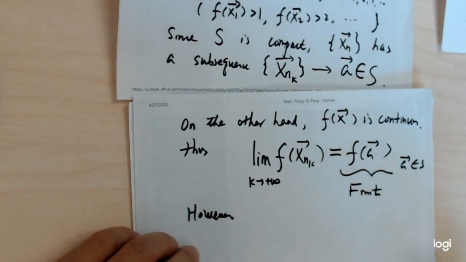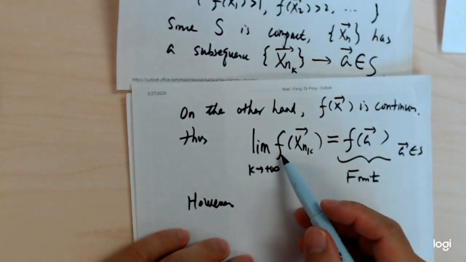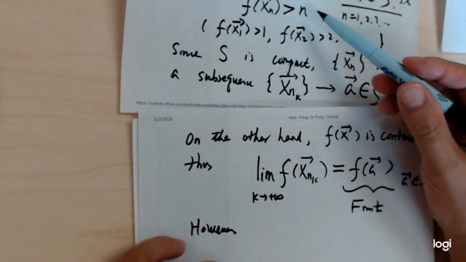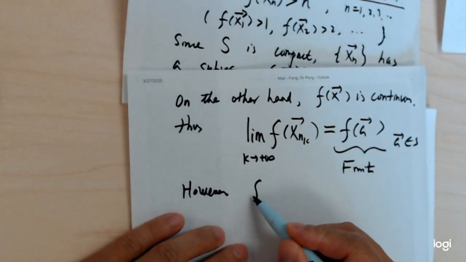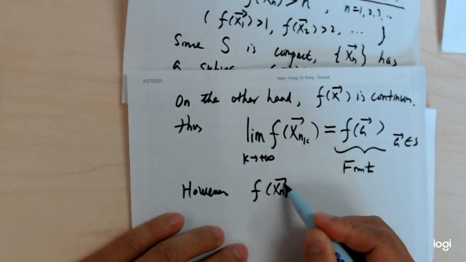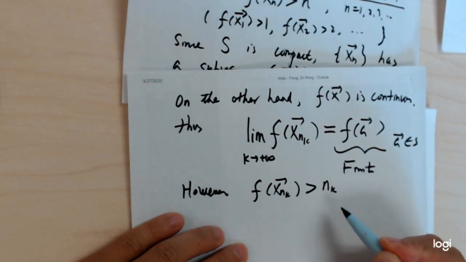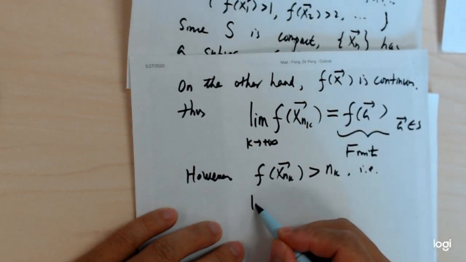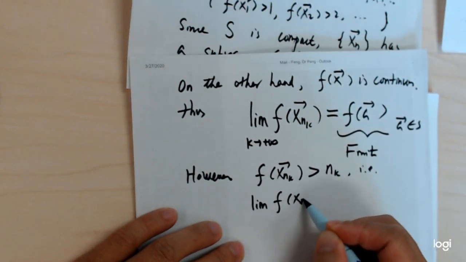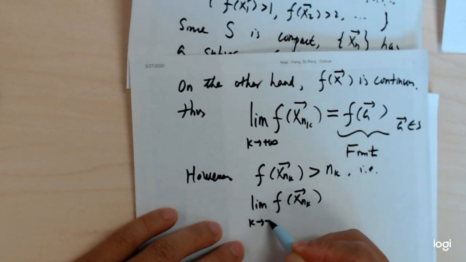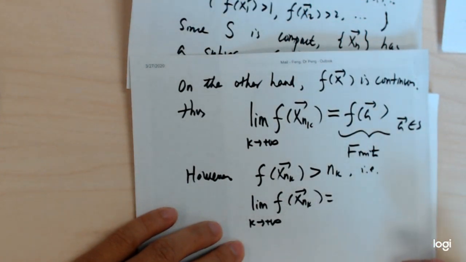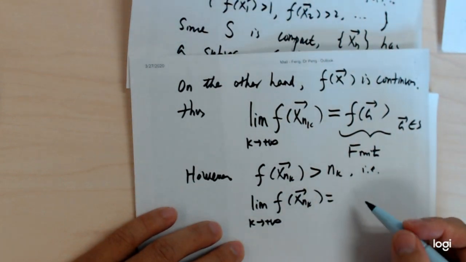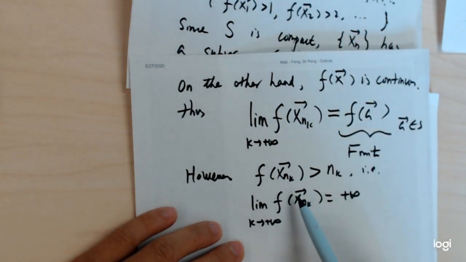However, based on the fact that we chose x_n in the sequence so that f of x_n is bigger than n, f of x_{n_k} is always bigger than n_k. In other words, this is getting bigger and bigger. So the limit of this is infinity. And that creates a contradiction.